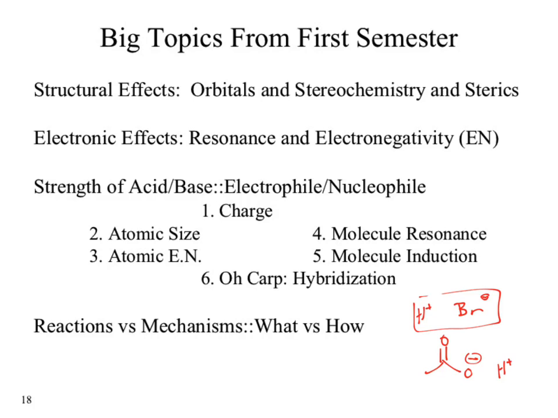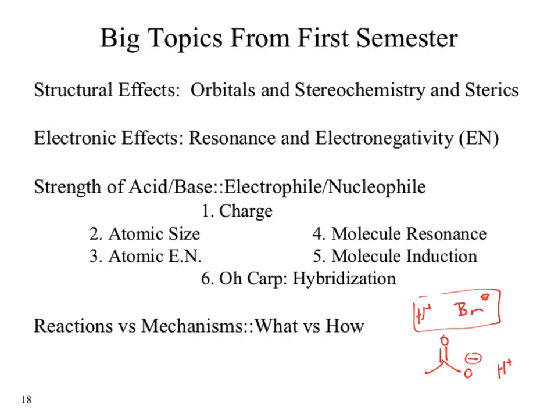I'm looking for the stronger base between these two. Bromide, huge. How do I know it's huge? We go all the way back to our Gen Chem knowledge: it's lower on the periodic table than oxygen. Oxygen being tiny, bromide being huge.